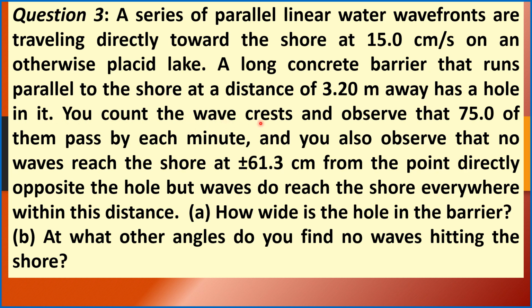You count the wave crests and observe that 75.0 of them pass by each minute, and you also observe that no waves reach the shore at plus or minus 61.3 centimeters from the point directly opposite the hole, but waves do reach the shore everywhere within this distance. Question letter A: How wide is the hole in the barrier? Question letter B: At what other angles do you find no waves hitting the shore?